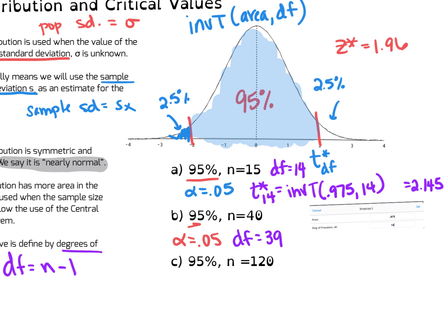So when I find T star this time at 39 degrees, this will be inverse T of 0.975 again, but I'm doing it at 39 degrees. And when I do T star at 39 degrees, I get 2.023.